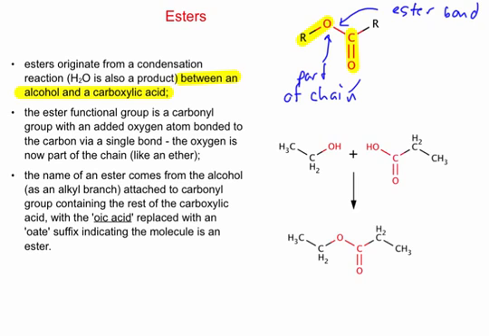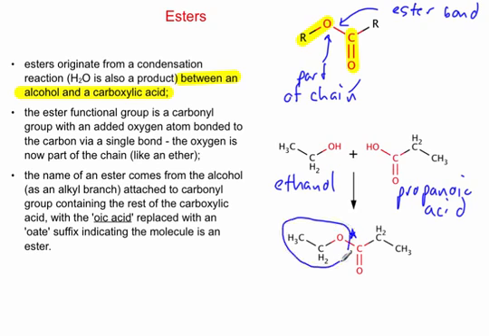That bond is known as an ester bond, and so it gets formed in the condensation process. And so if we look at our example here, this is ethanol, and this is propanoic acid. So there are my two reactants for my reaction, and here's that ester bond that forms between the two. So when we name it, we take the alcohol component, so that is ethanol, with the oxygen, and we treat that simply as a branch, and so that becomes an ethyl branch.